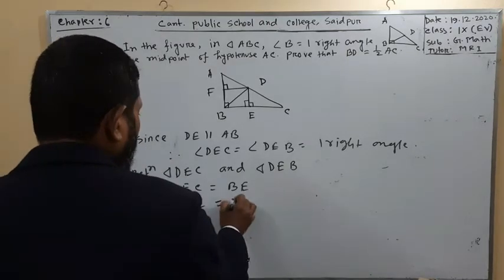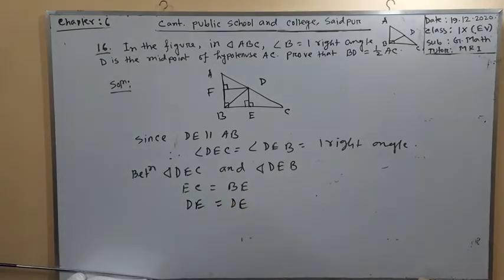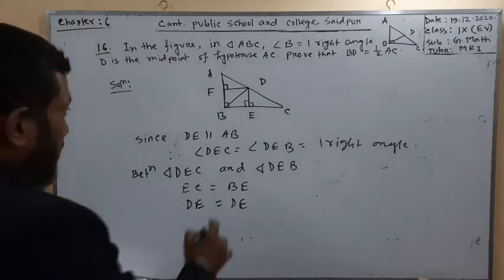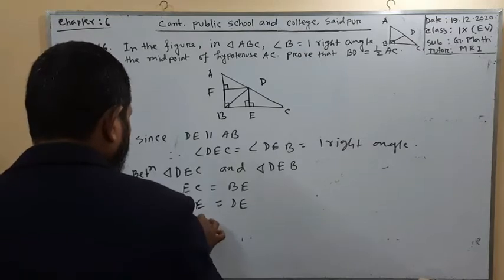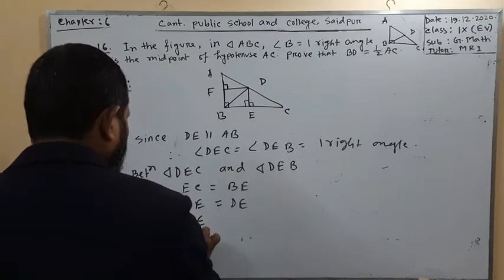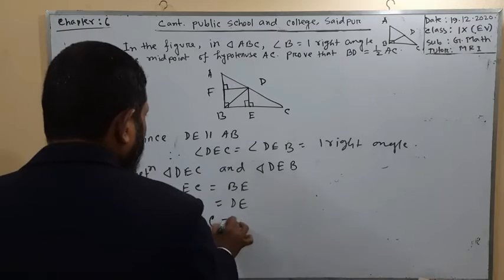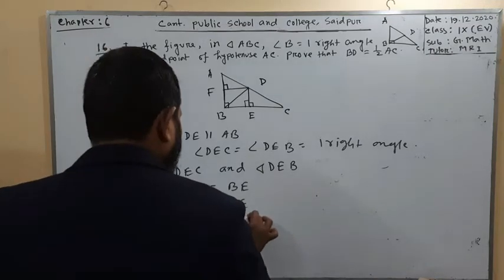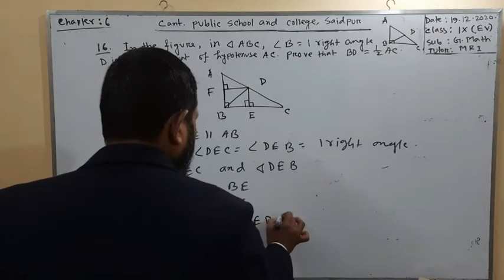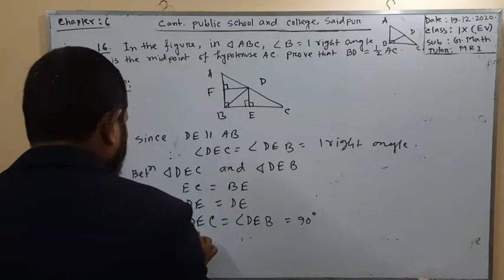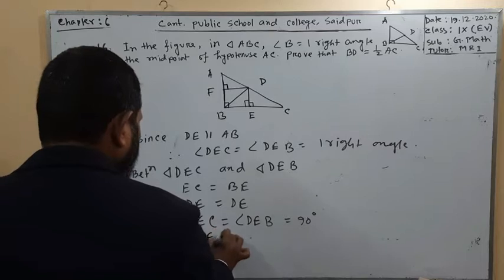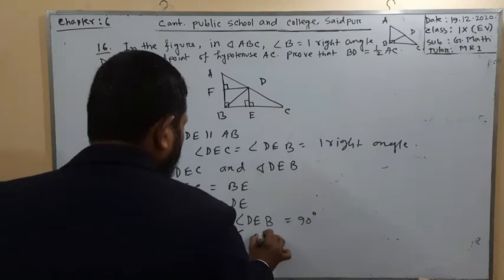DE is equal to DE, the common side of these two triangles, and angle DEC is equal to angle DEB. We know this is 90 degrees, so triangle DEC is congruent to triangle DEB.